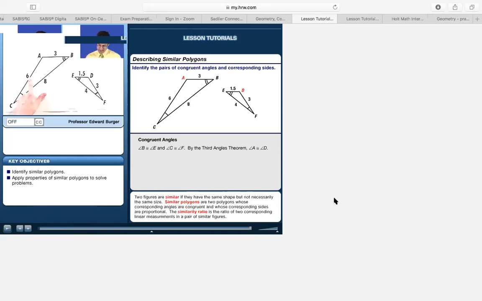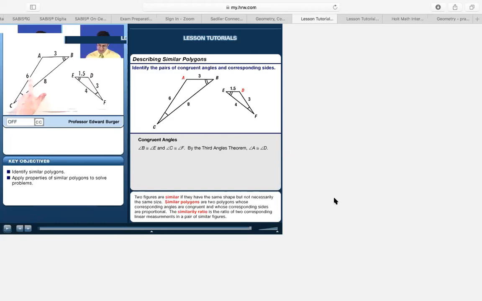What are the corresponding sides? Corresponding side means the opposite side. The opposite side to angle C and angle F will also be congruent, or equal. So what are the opposite sides to angle C and angle F? The corresponding side to angle C is AB, and the corresponding side to angle F is ED.